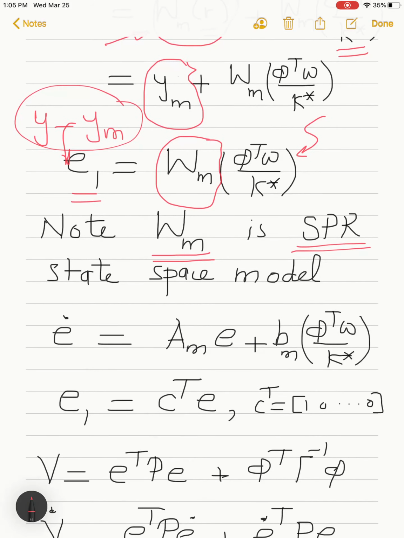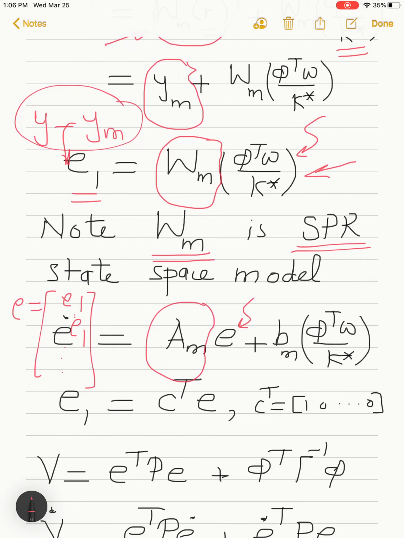In that case, I can put this equation, which is an input-output equation, in the state space form. So I will choose a state variable vector E, where E is composed of E1, E1 dot, and so on, the derivatives of E1.